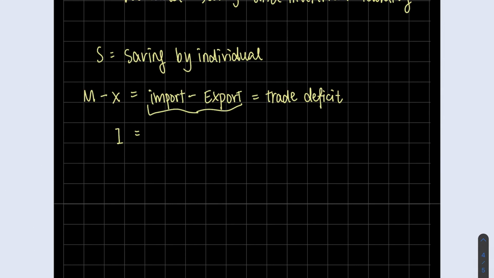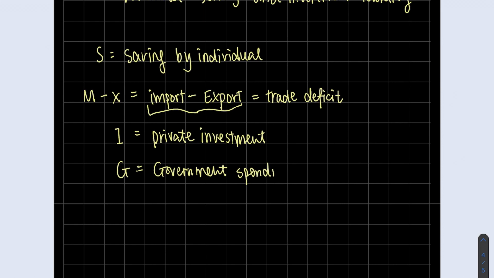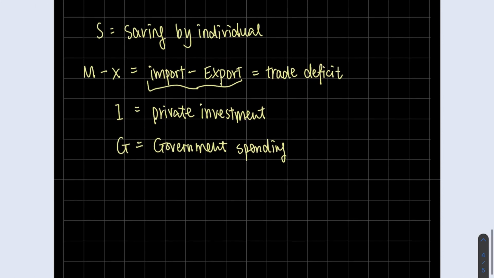And then we use I to represent private investment, and G represents government spending. T is the taxes collected.